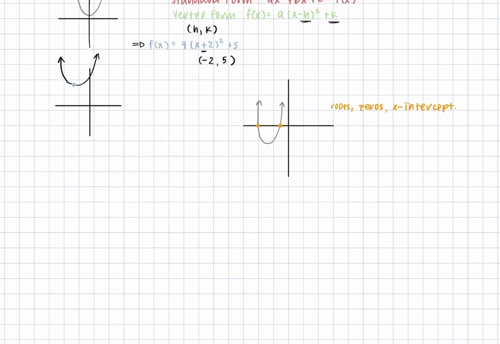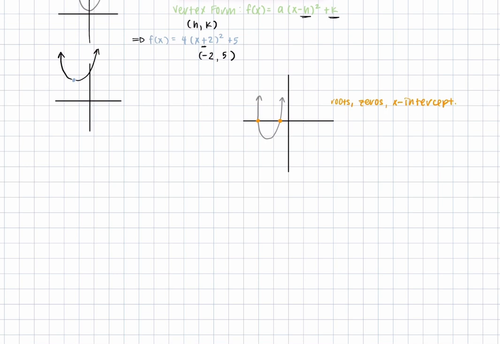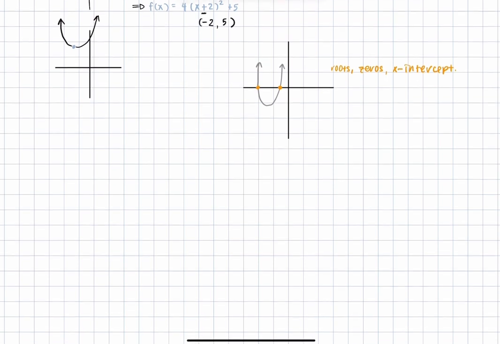Okay, so let's say you have an equation in standard form. Let's say we have f of x equals x squared plus 9x plus 20.